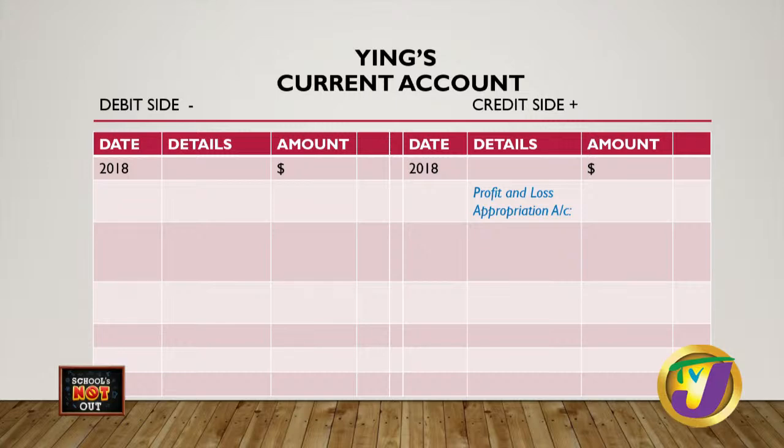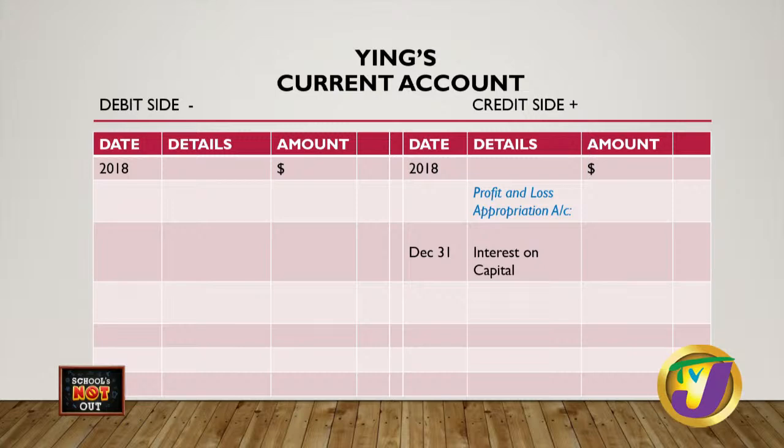So work with me, students. The first item there is interest on capital for Ying. If we look at the whiteboard, we would recognize that the interest on capital falls on which side? The debit side. Good. Where is it in the current account? The opposite side, the credit side. Yes, so we may say now, opposite.